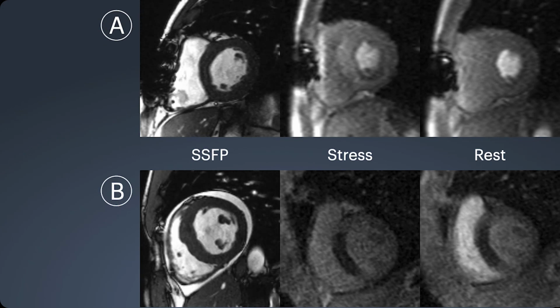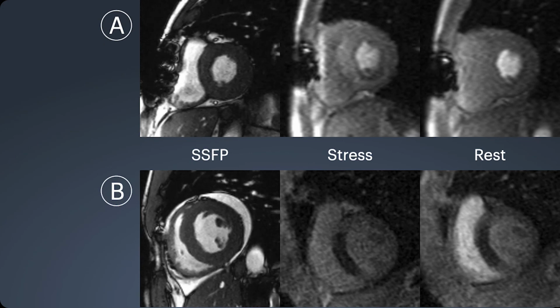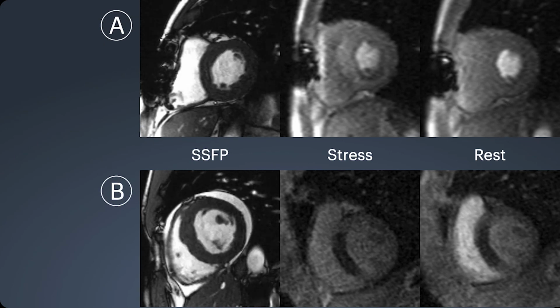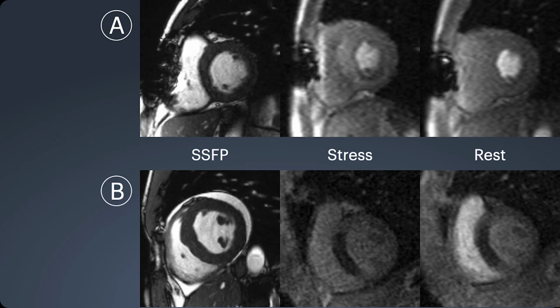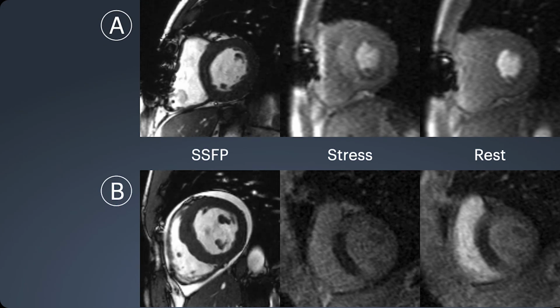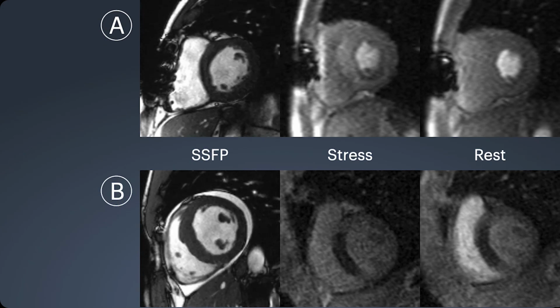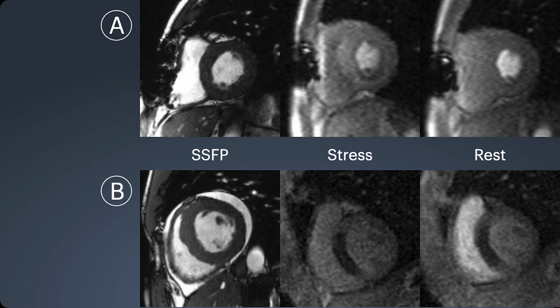But we don't see a wall motion abnormality on SSFP. With patient B, there's significant wall motion abnormality of the septum in particular. On the stress, we have a transmural perfusion defect with a matched transmural perfusion defect on the rest.